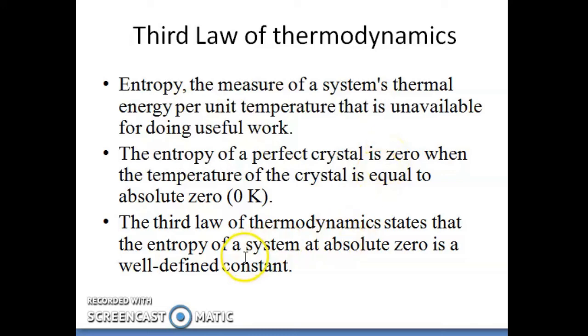Or we could simplify it as: the entropy of a system at absolute 0 will be a well-defined constant value. If the temperature of the system is absolute 0, then the entropy of the system will be a defined constant.